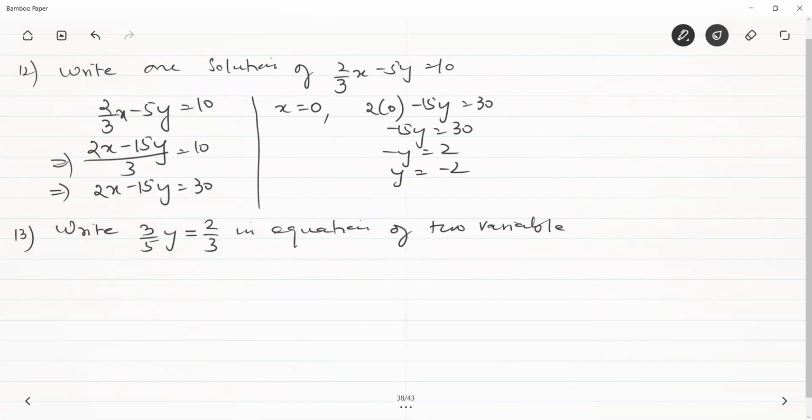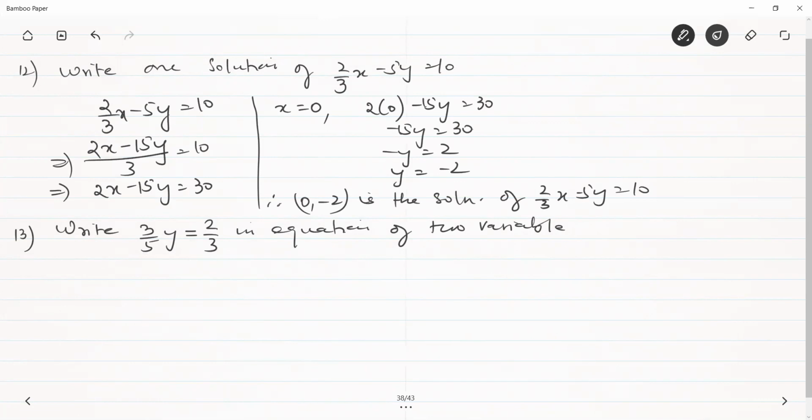He's asking only one solution. So you can say therefore (0, minus 2) is the solution of 2/3x minus 5y is equal to 10.